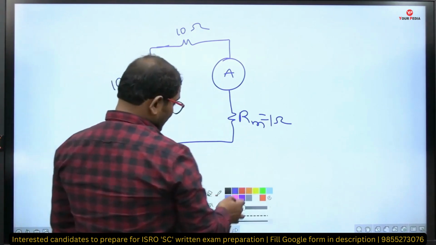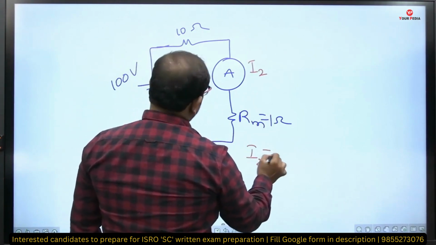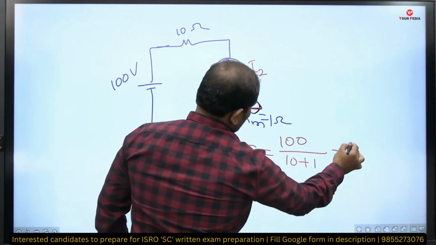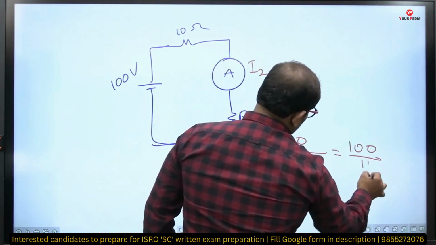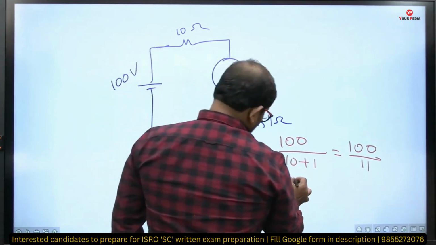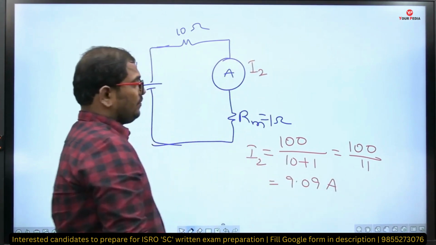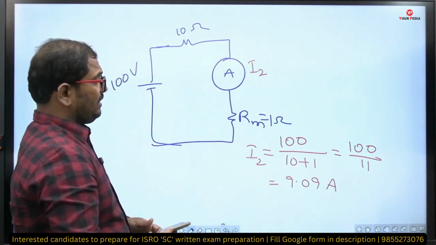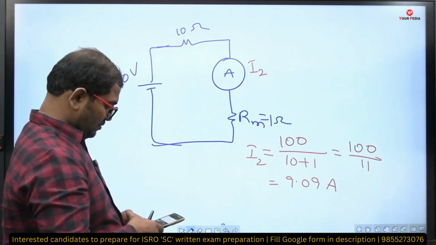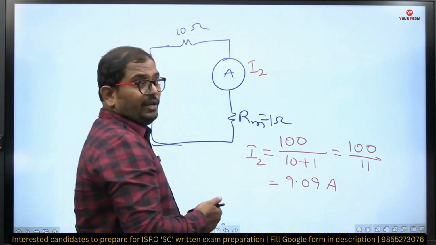What is the measured value of current here? I2 is equal to 100 by 10 plus 1, which is 100 by 11. What is the value? You will get 9.09 amperes. 11 nines are 99, so we need to introduce one more point. So 100 by 11 is 9.09 amperes.